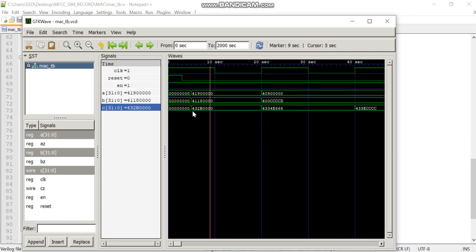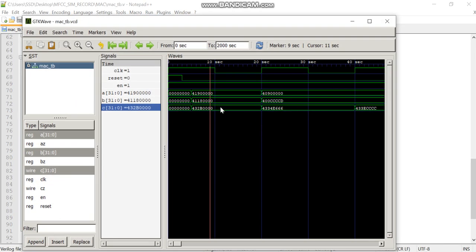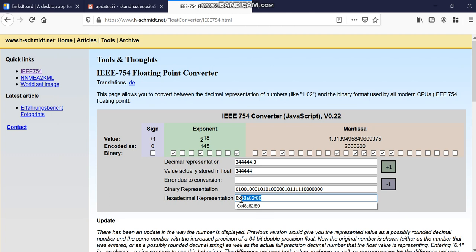The output should be equivalent to 171. Now let's check whether this hexadecimal value, 432B40, is equivalent to 171. This is equivalent to 171.